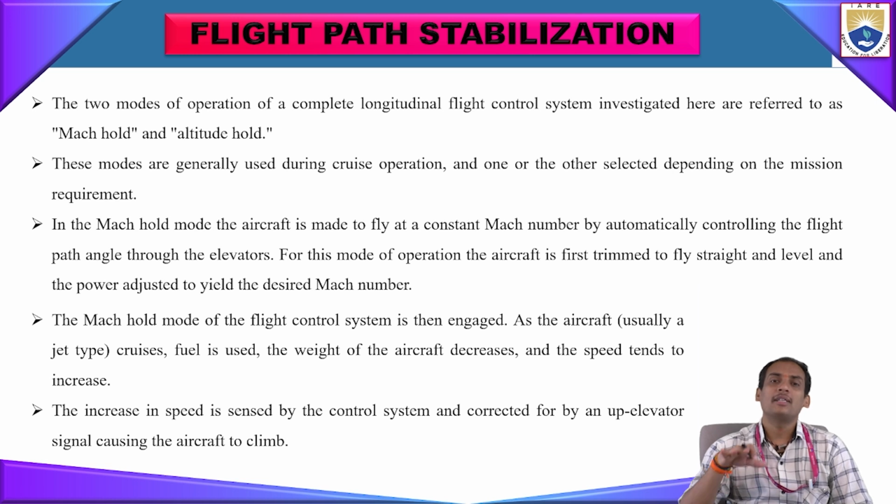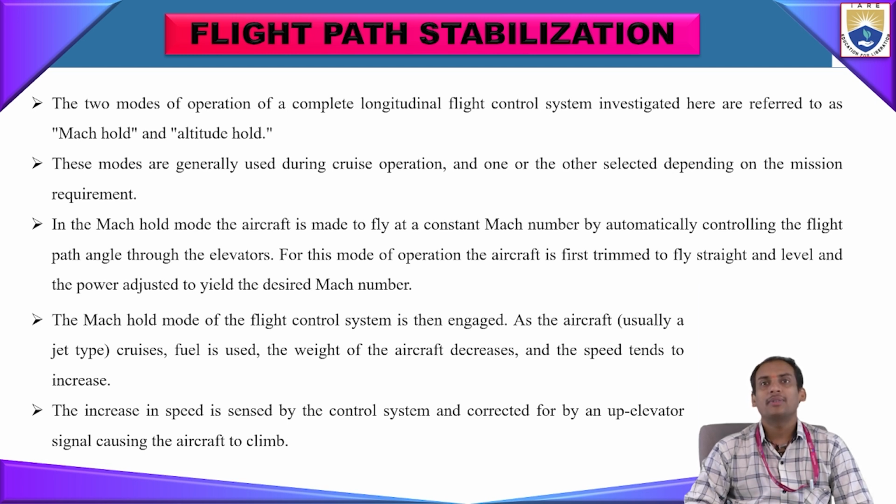Acceleration we get anyway with the throttle condition, but here the Mach hold is for a constant Mach number, controlled by the elevator pitching angle. When we give the angle input to the elevator, the elevator operates accordingly.